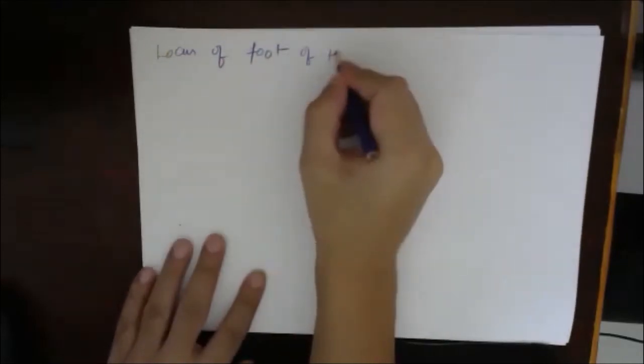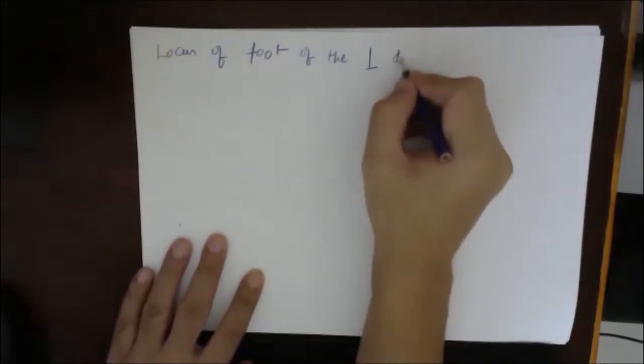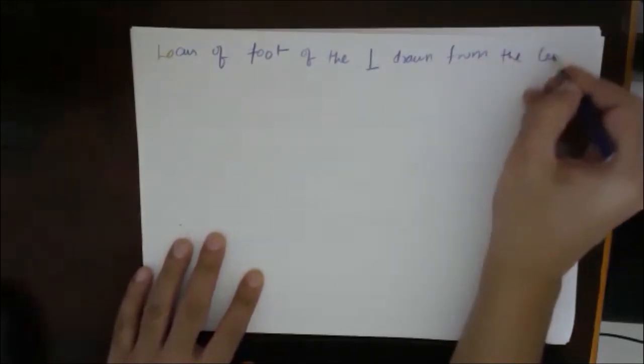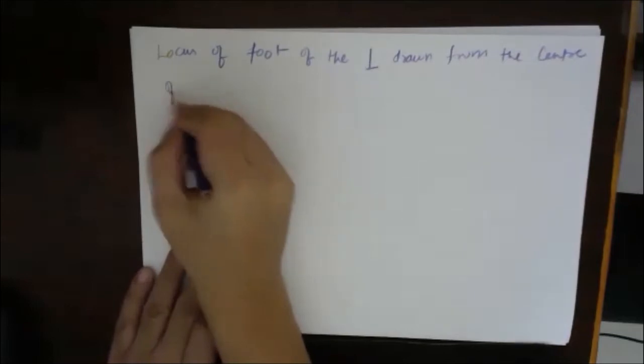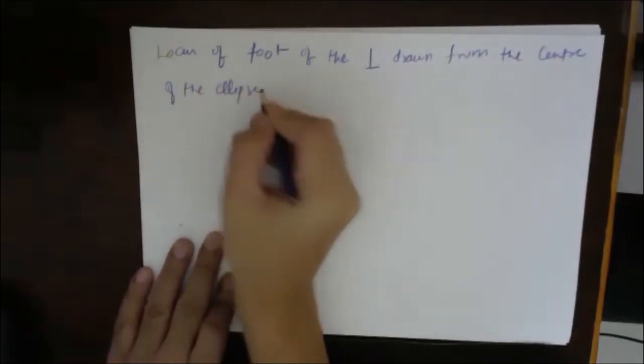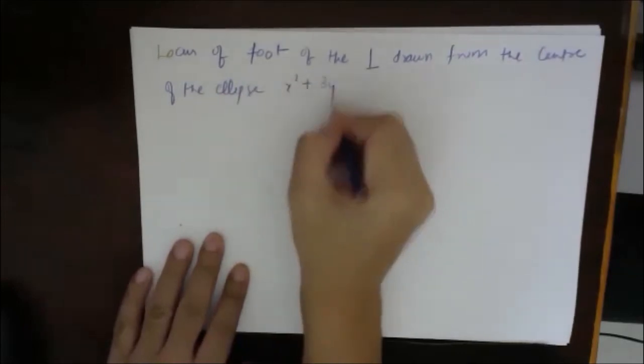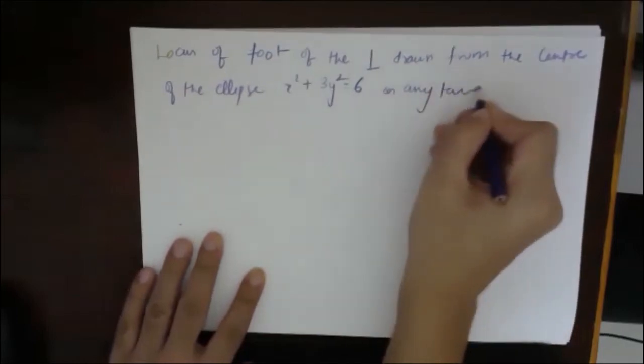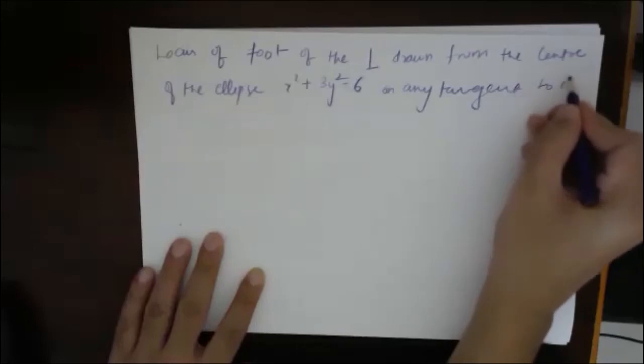Fine. Okay, so let's move on to the next question. The question is: locus of the foot of the perpendicular drawn from the center of the ellipse x square plus 3y square is equal to 6 on any tangent to it.